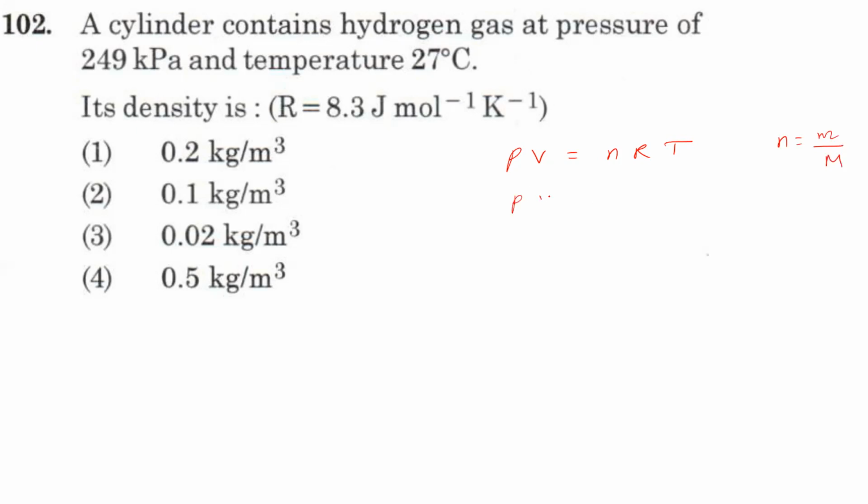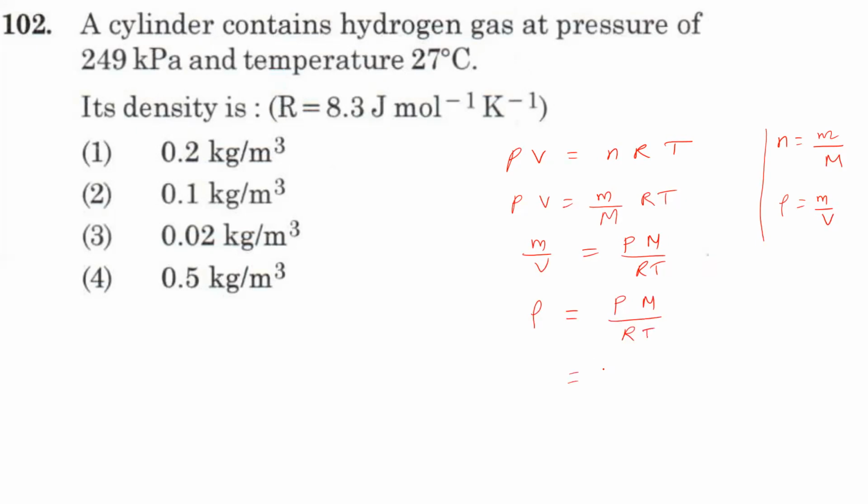So PV equals mass by molar mass into RT. Mass by volume is density, so we bring the volume to this side, and M and RT to that side. So density is equal to pressure into molar mass divided by R into T.